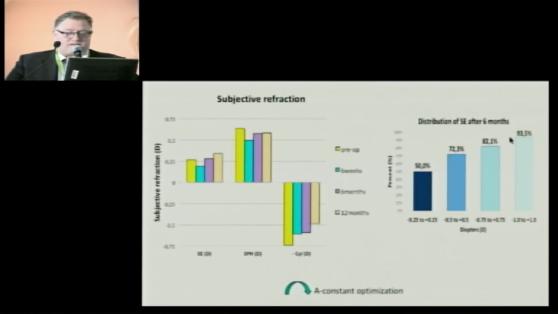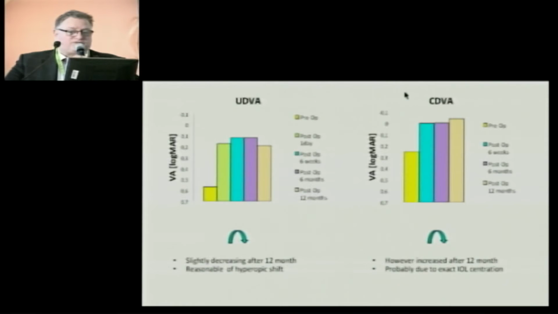But nevertheless, 82% were plus minus 0.75, 94% plus minus 1 diopter. So there is a need for A constant optimization, because the lens is always at the same position if it's fixed in the anterior capsulotomy. So there's not much variability in terms of effective lens position. So in the long run, I think we will have a very good outcome in terms of refractive.